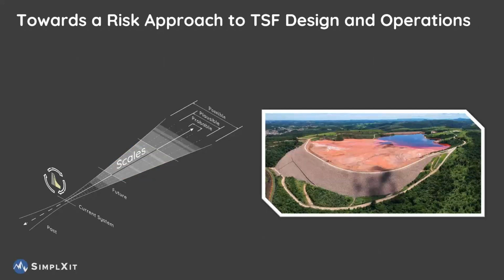Now, we want to move towards a risk approach to TSF design and operations, and it's accepting the fact that there are many scales of varying things happening. You've got the hydrological scale, where things can happen within minutes or hours for a storm, but you've also got the scale for your project, for the permitting, and the scale for the consolidation.